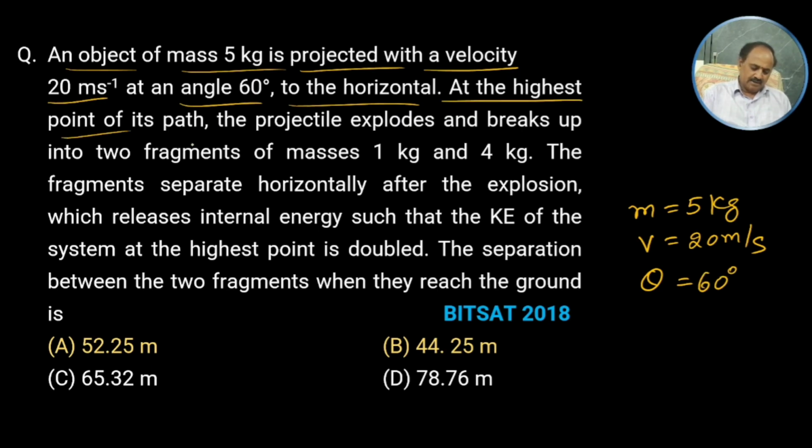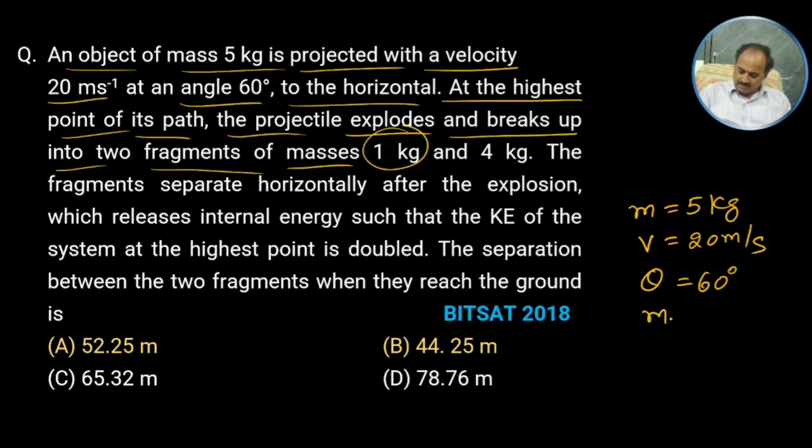At the highest point of its path, the projectile explodes and breaks up into two fragments of masses. That means after reaching the highest point, it explodes into two parts. One has m1 equal to 1 kilogram and the other has m2 equal to 4 kilograms.